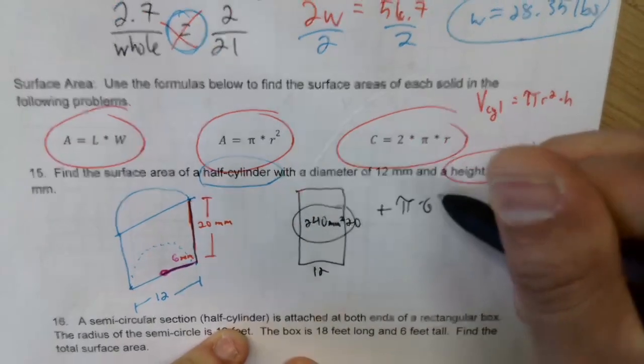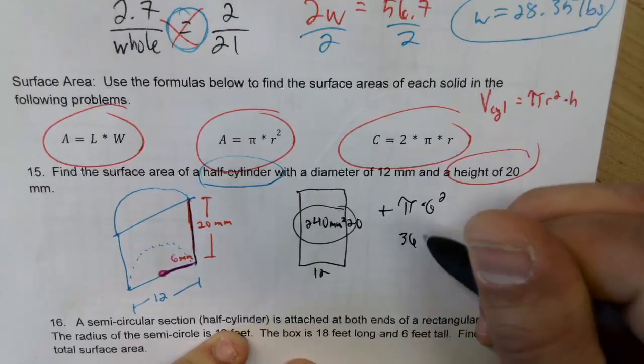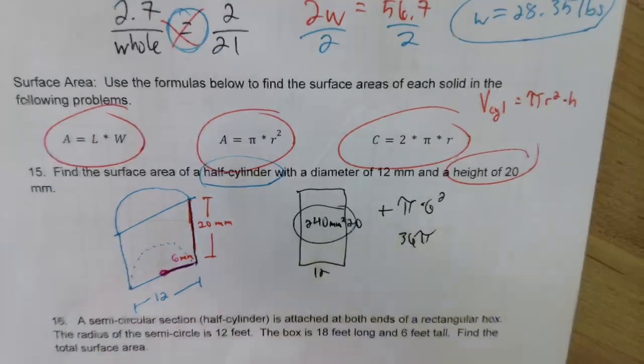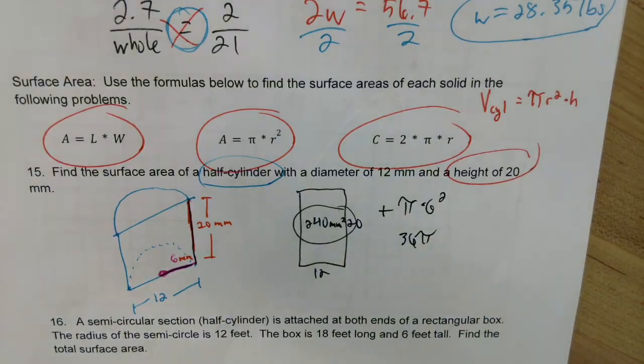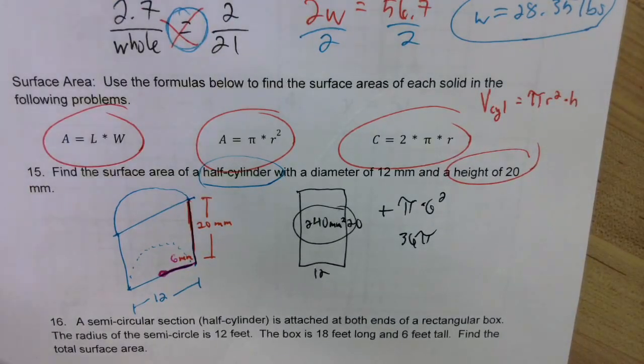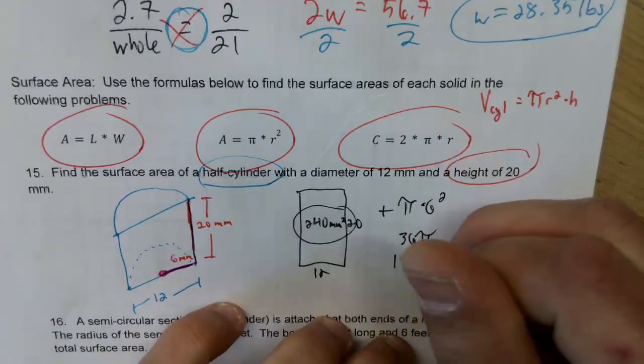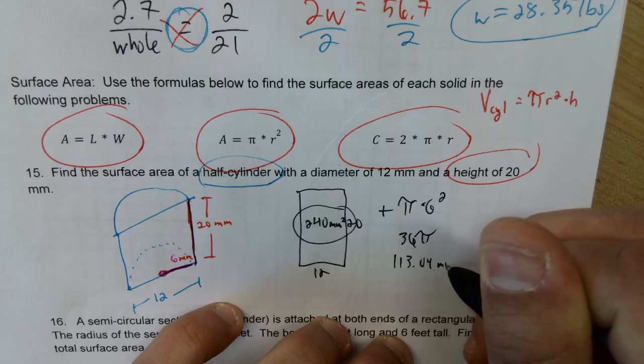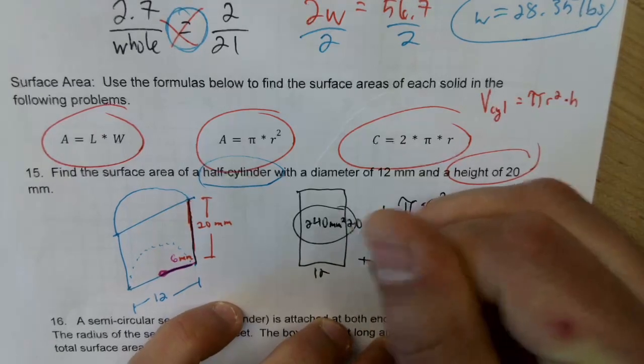Pi times 6 squared, so 36 pi. If we just use 3.14, that's 113.04 millimeters squared. So I'm going to add that to it.